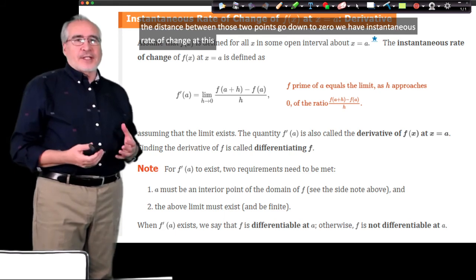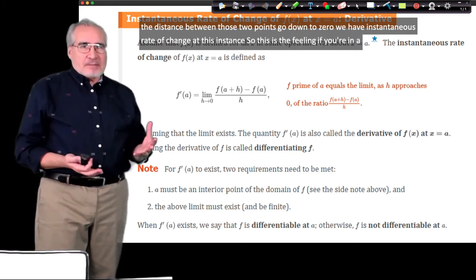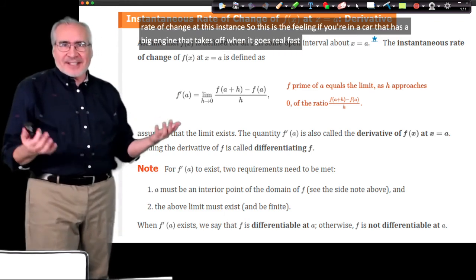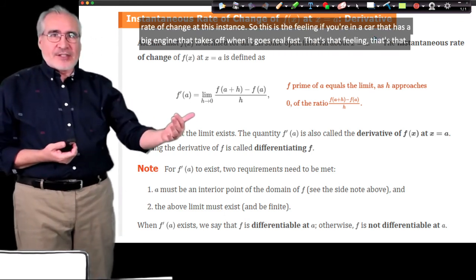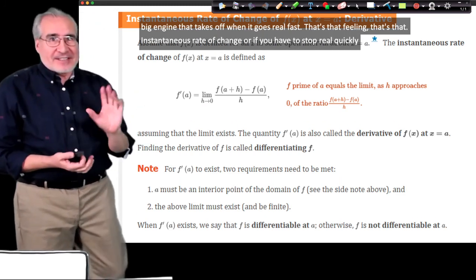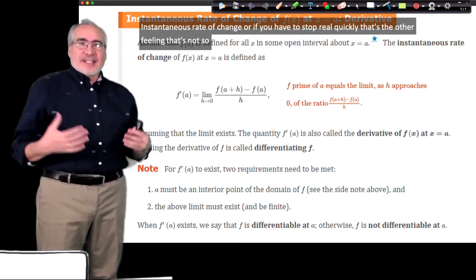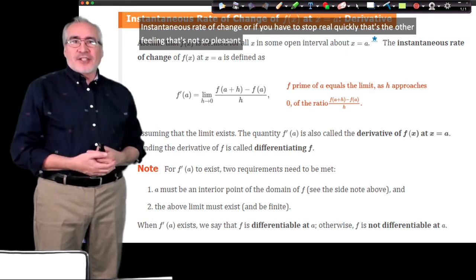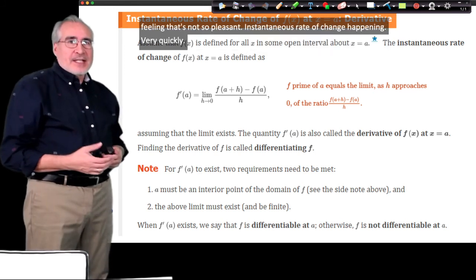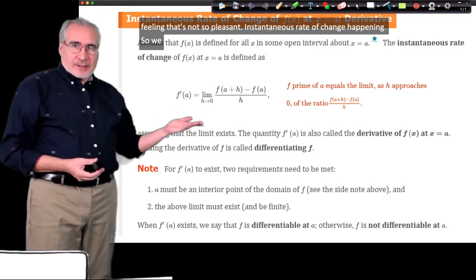So this is the feeling if you're in a car that has a big engine that takes off when it goes real fast. That's that instantaneous rate of change. Or if you have to stop real quickly, that's the other, not so pleasant, feeling of instantaneous rate of change happening very quickly.